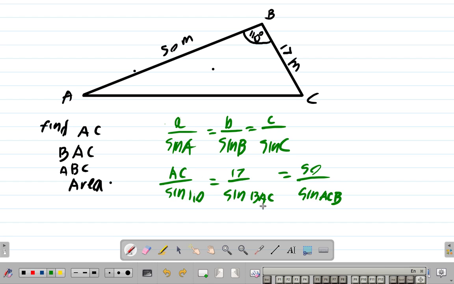We don't know AC and we don't know BAC. If we put this and this together, it wouldn't help us much either, because we'd have AC and angle ACB. What I'm saying, if I put AC over sine 110 is equal to 50 over sine ACB, we would not know AC nor ACB.